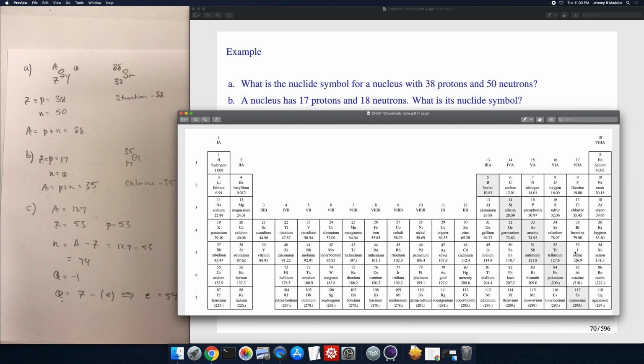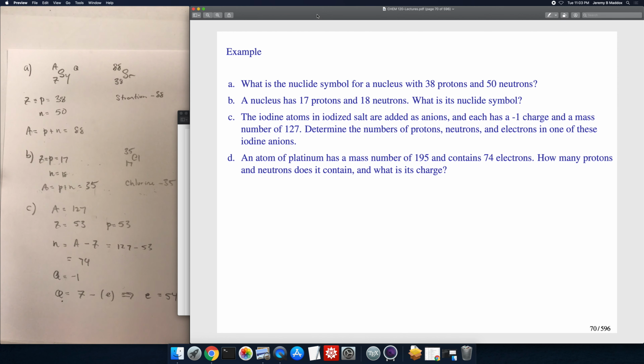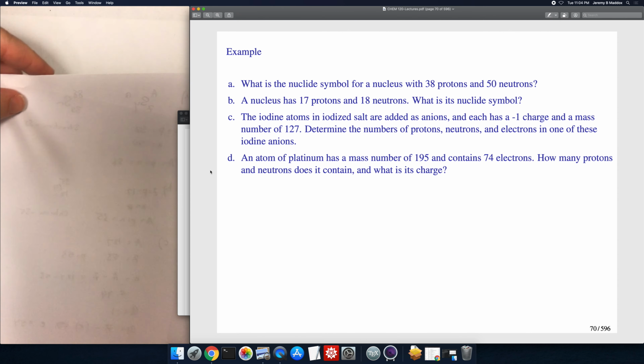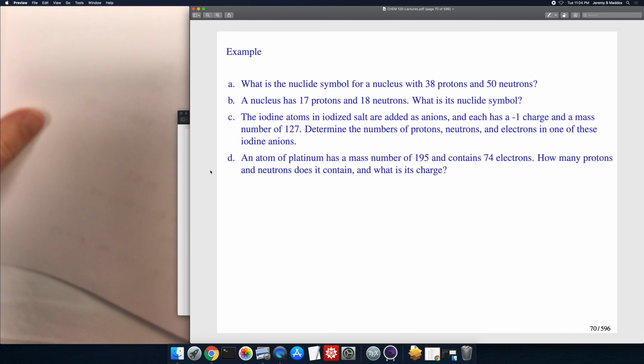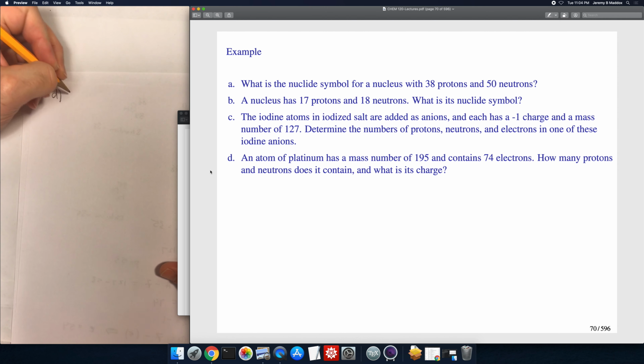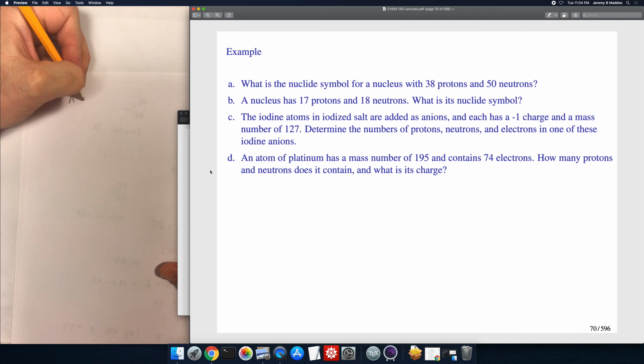So we've determined the number of protons, neutrons, and electrons for the iodide ion. In this last example, part D, we're being asked to do the same thing for these platinum ions, possibly. So we have a mass number of 195.